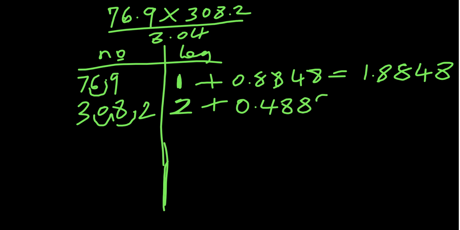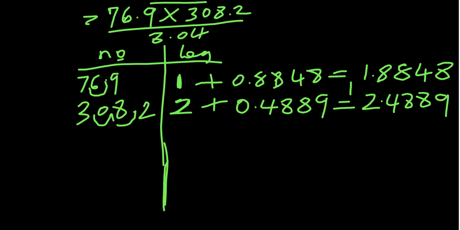If you combine these two, you're going to get 2.4889. Because these two numbers in the numerator are multiplying each other, you have to add their indices. If you add these, what you get will be 4.37.